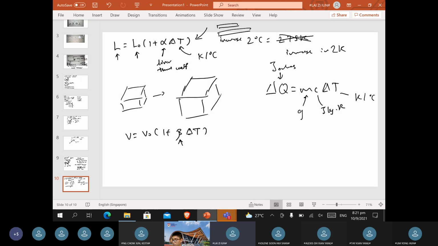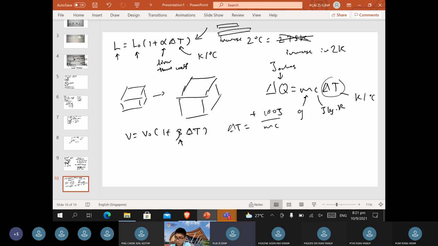Okay, so let's say I add in 100 joule into the object. I can find the corresponding change in temperature. Okay, so this one is quite easy. I hope none of you are seeing these equations for the first time.